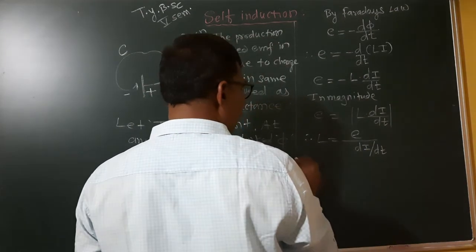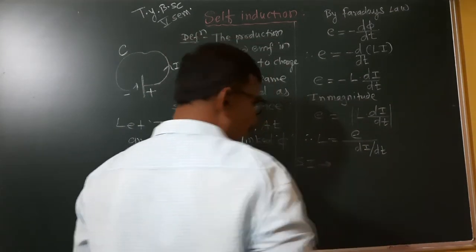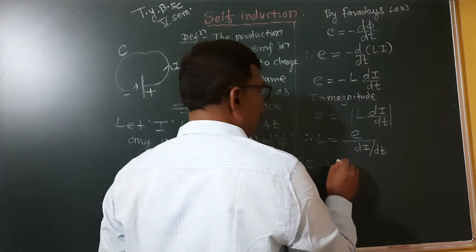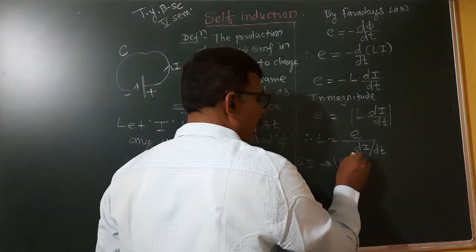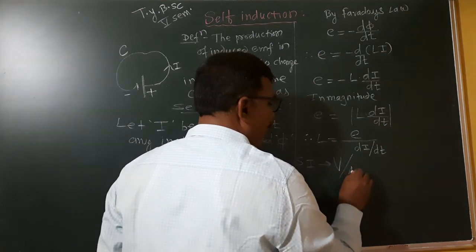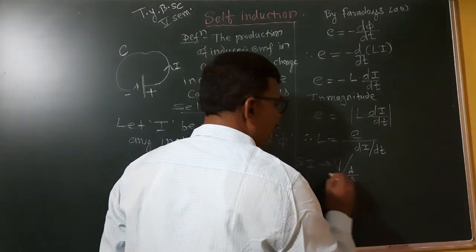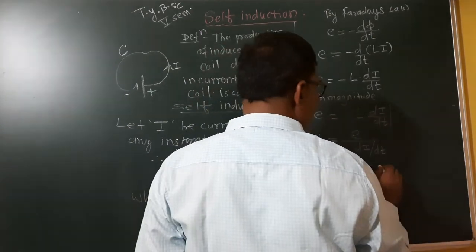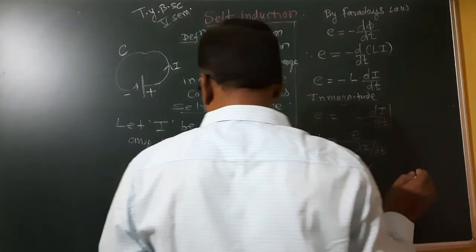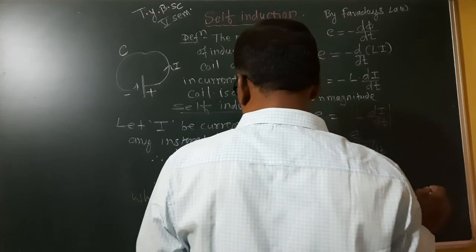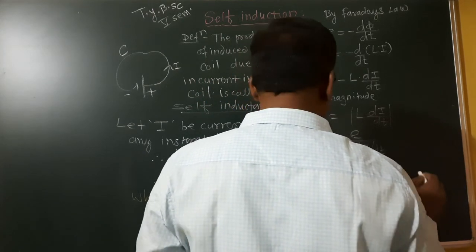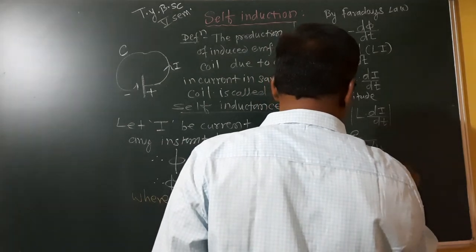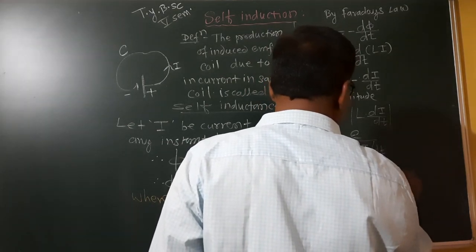What is the SI unit of self-inductance? For the SI unit, we have to consider first one. E, EMF, is measured in volt, and di by dt is measured in ampere per second. Or this can be considered as magnetic flux is denoted by phi, and I is denoted by ampere. That is, it is measured in Weber per ampere.